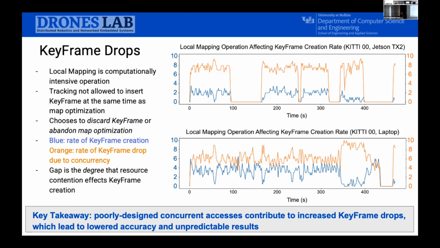For the less resource-constrained device on the bottom, the keyframe creation rate and the drop rate are similar. We can view this gap between the two lines as the degree that resource contention affects keyframe creation. So the key takeaway from this challenge is that poorly designed concurrent accesses contribute to increased keyframe drops, which in turn lead to lowered accuracy and unpredictable results.